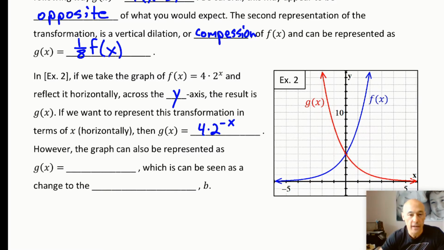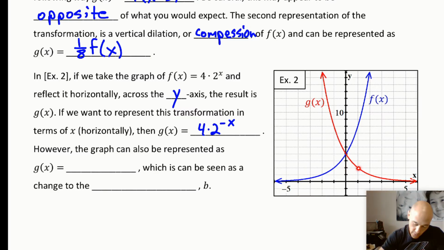However, the graph can also be represented as g of x is equal to, well, let's look. Our a value here is 4. And then when we move to the right 1 unit, our y value is 2.